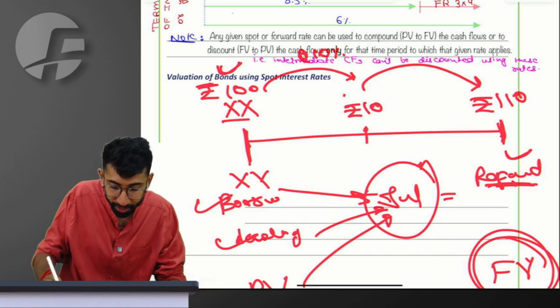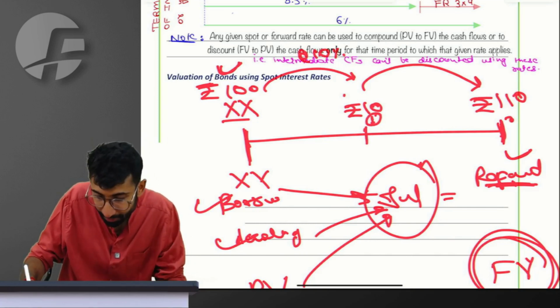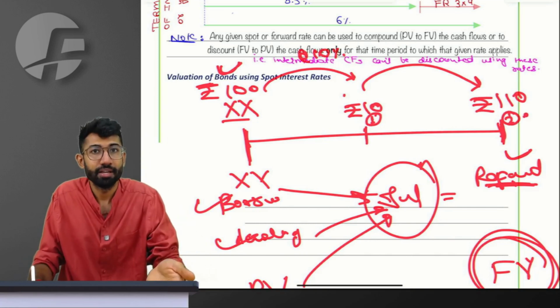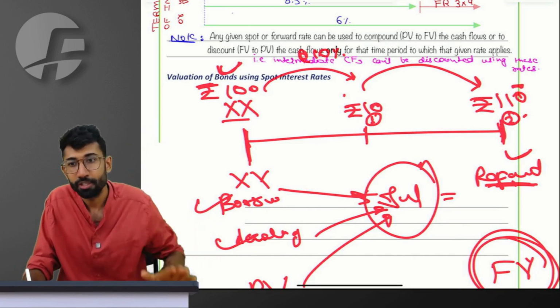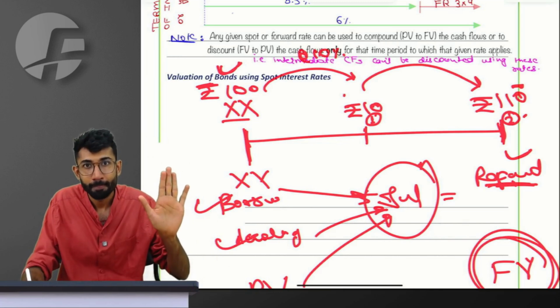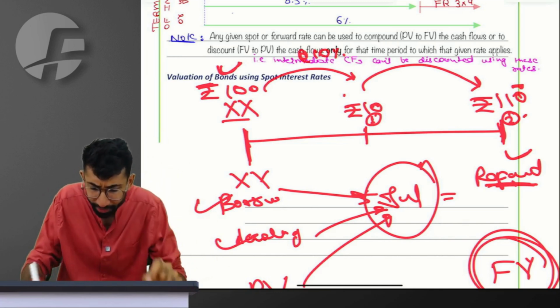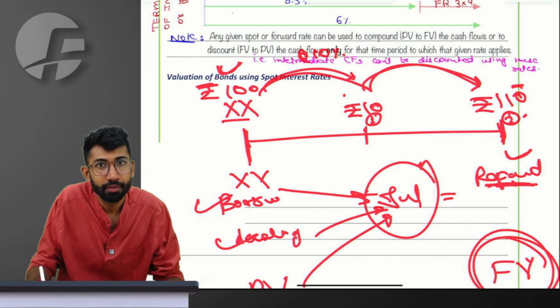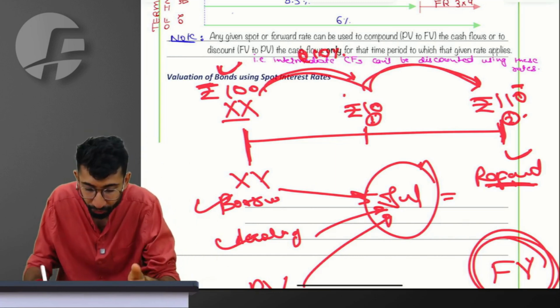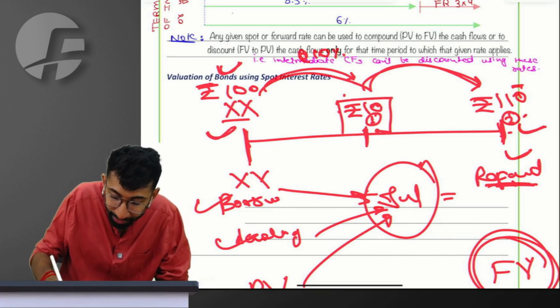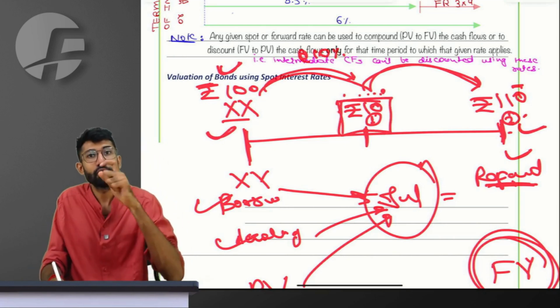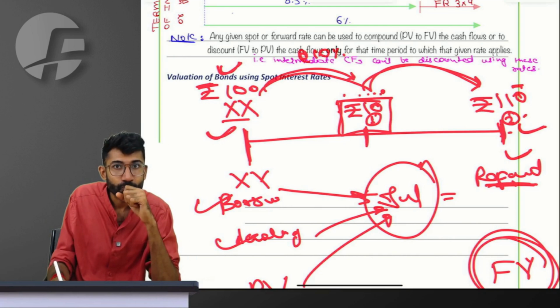Which means the first year's interest is paid in the first year, and the second year's interest is paid in the second year, so in the second year there will be interest of 10 plus the original principal of rupees 100. But do you realize that in this kind of borrowing, I don't have cash flows only at the start and only at the end? I also have intermediate cash flows.